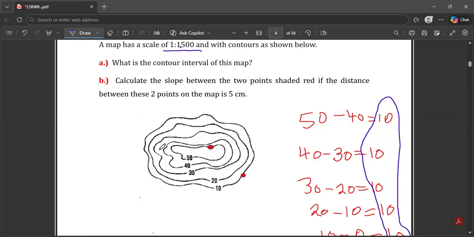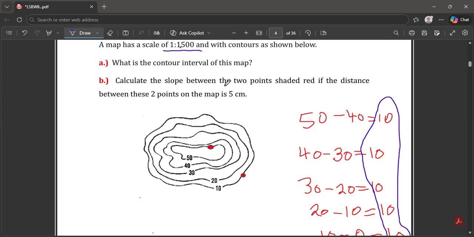So they have given the distance between these 2 points on the map as 5 centimeters, and we are being asked to calculate the slope.